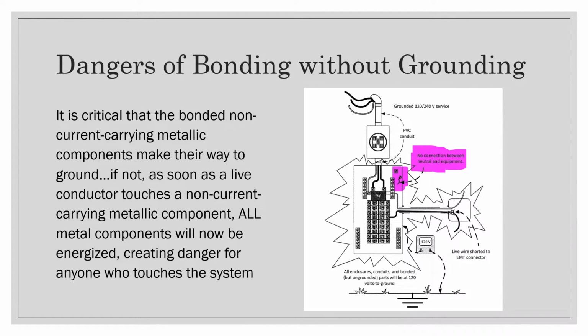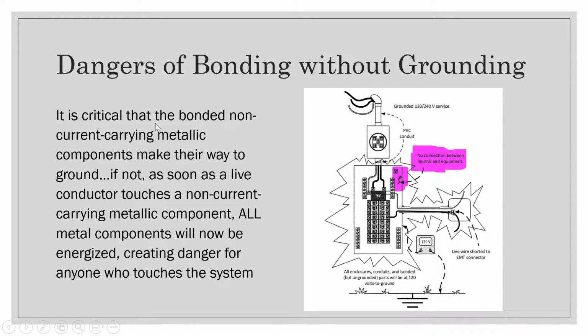Now, what's critical and what's addressed in our module is the idea of bonding without grounding. Without that bond making its way back to ground, it's going to become a very dangerous situation.